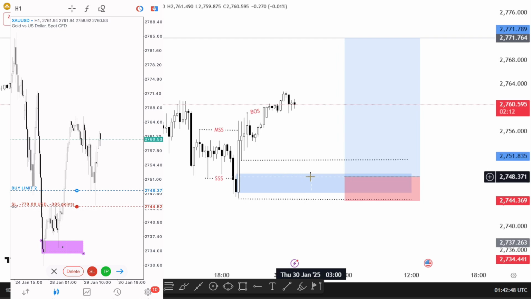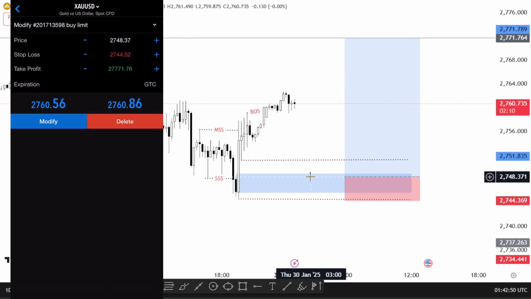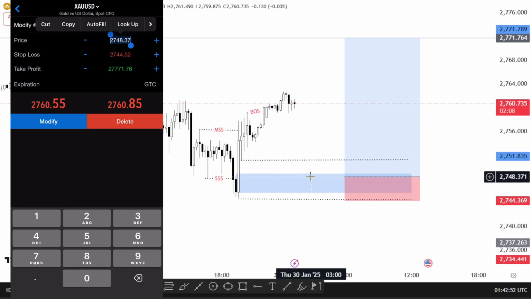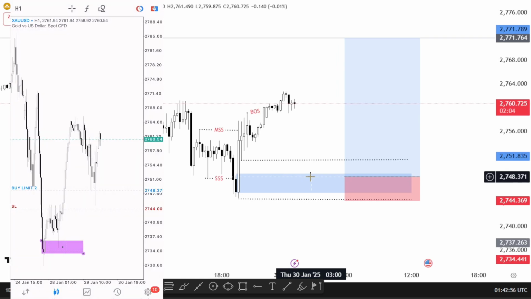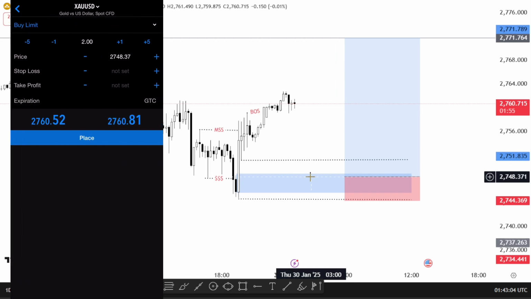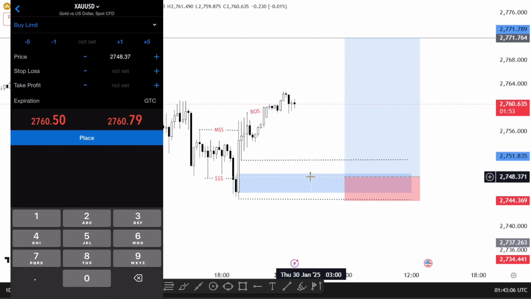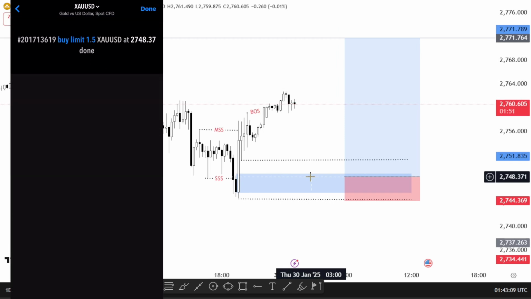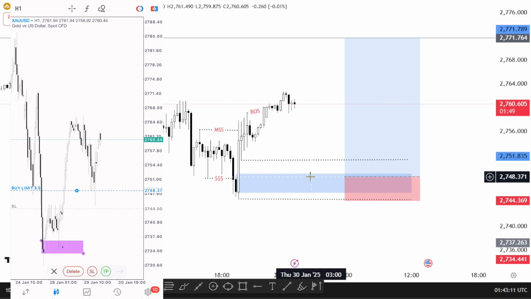So I'm just gonna go ahead and delete this, but let me copy the price. Right, copy. Let me just go ahead and delete this. Let me replicate. Alright, before I replicate, I'll use 1.5 lots. Alright, that's 1.5 lots.